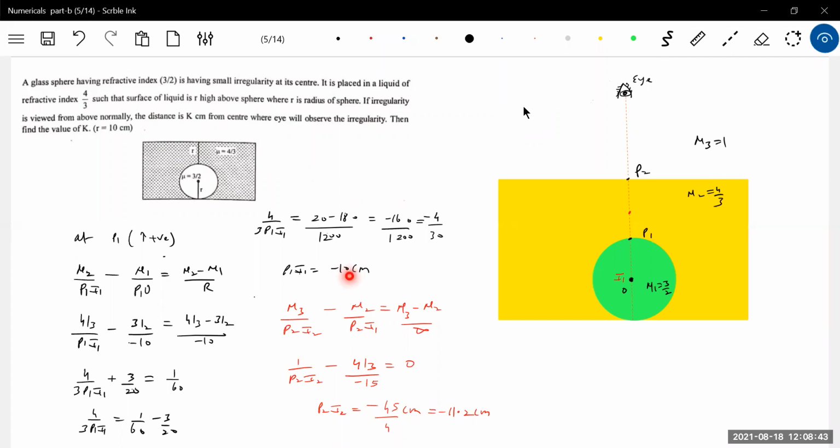Everyone gave minus 10. Minus 5, yeah, this one. Minus 10 only.